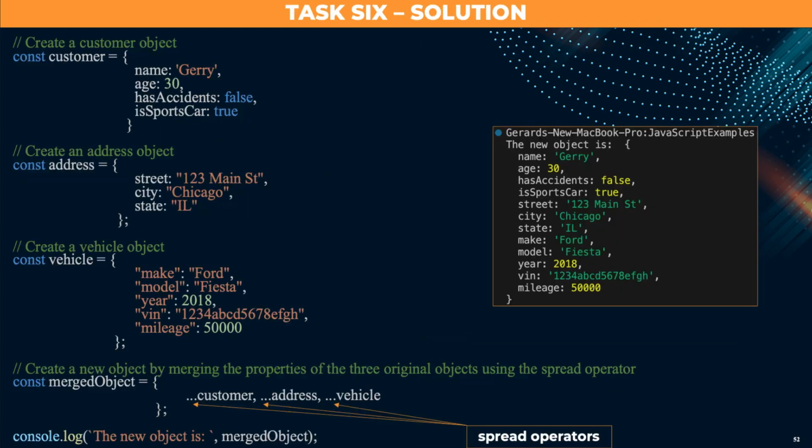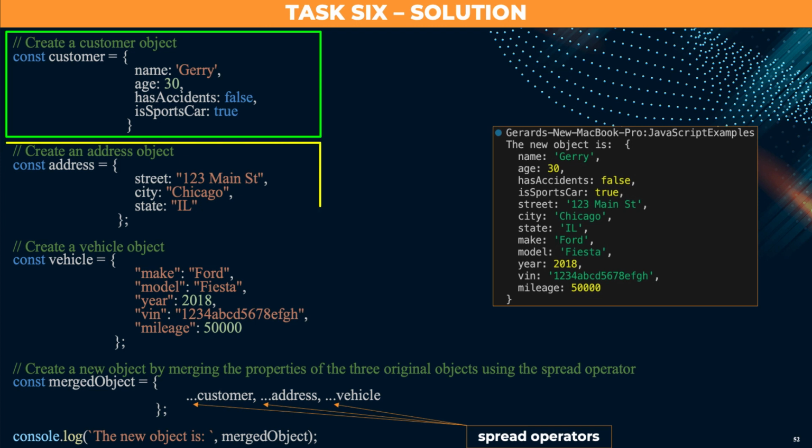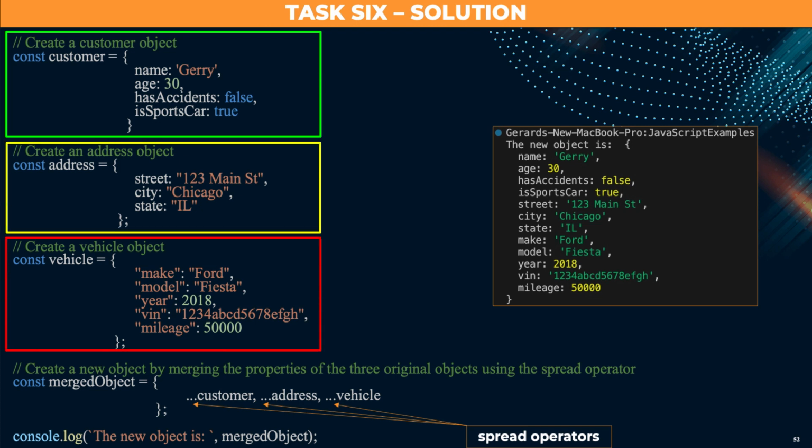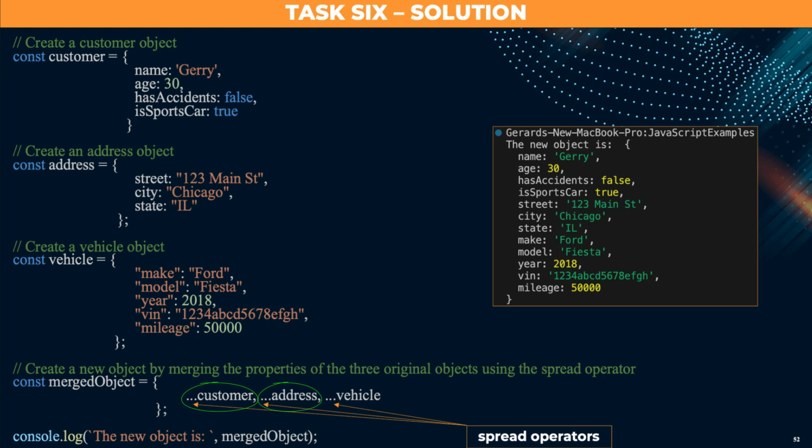So looking at the code, we have customer, address, and vehicle. And then we set up another object called merged object. And we say that it consists of the spread out customer, followed by the spread out address, followed by the spread out vehicle.